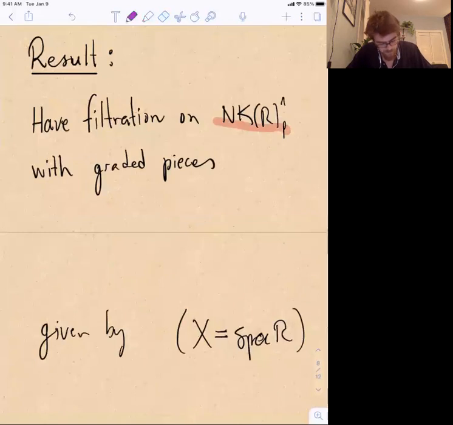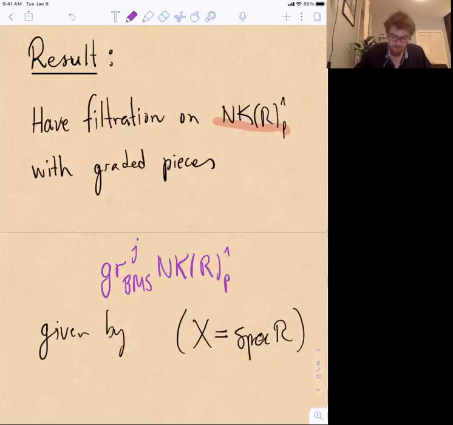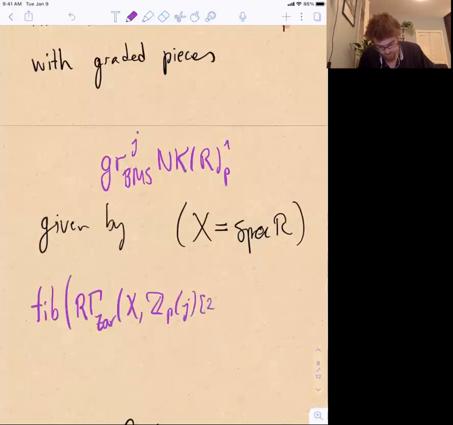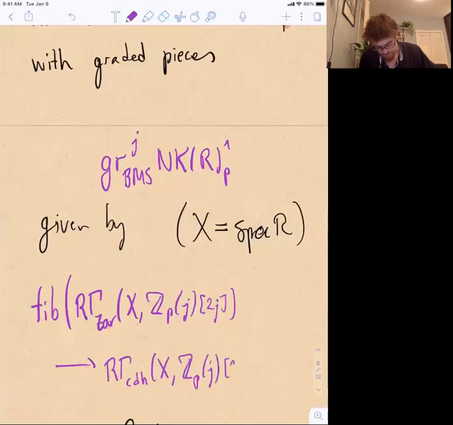And so the graded pieces of this BMS filtration on NK of R, p-completed, is given by the fiber. The formula gives it in terms of the fiber of a change of topology map from the Zariski cohomology of these motivic complexes, there's a shift here, to the CDH cohomology, again with coefficients in these motivic complexes.